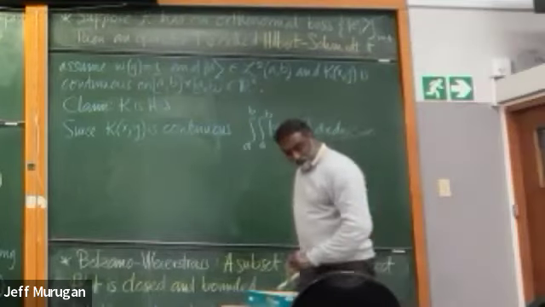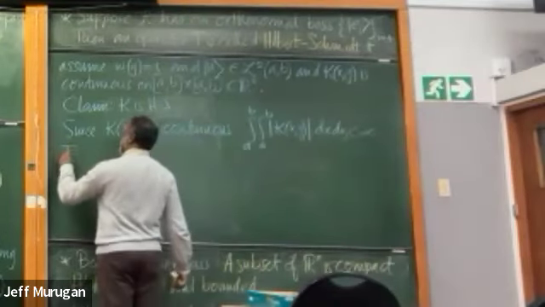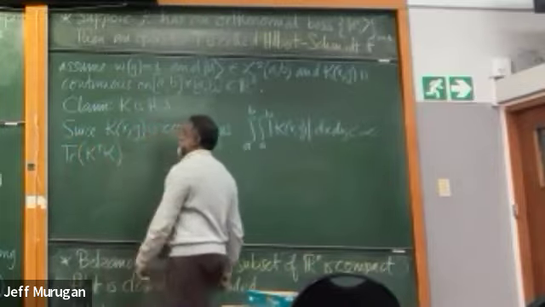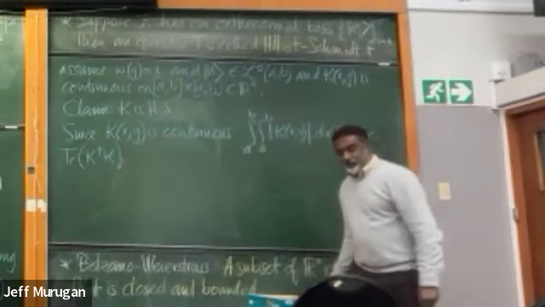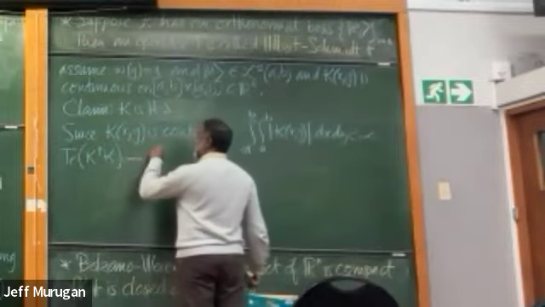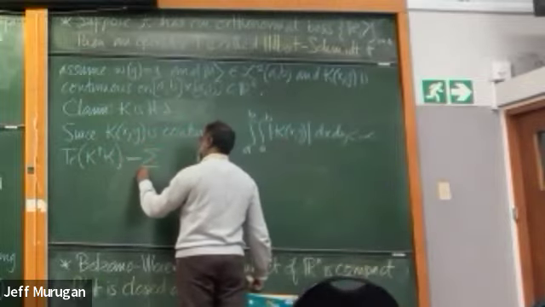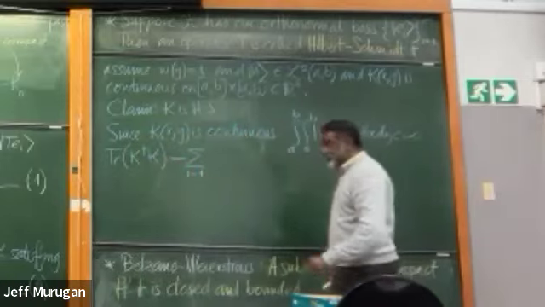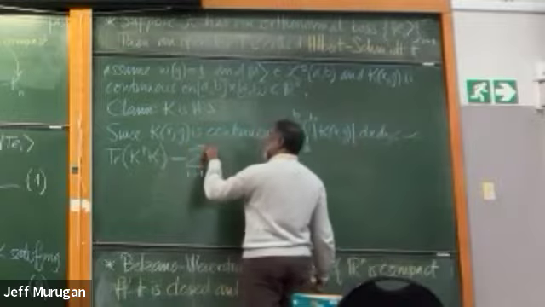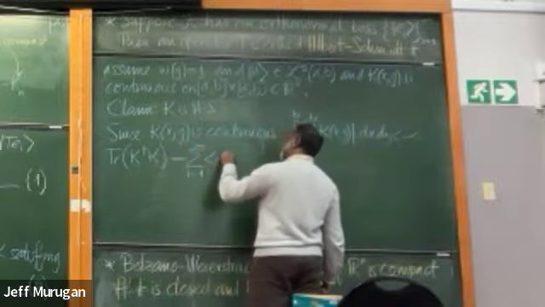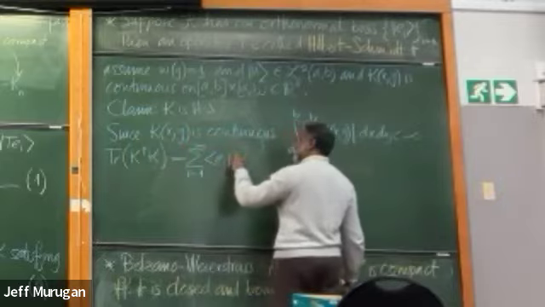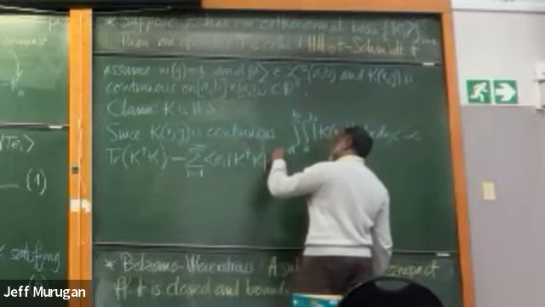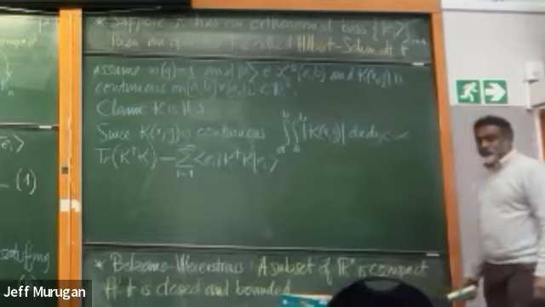So the trace of K dagger K is the sum over i equals 1 to infinity of e_i, K dagger K, e_i. I need to put this into an integral form.